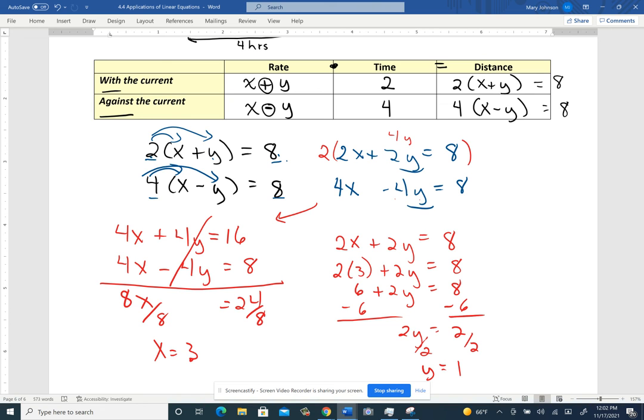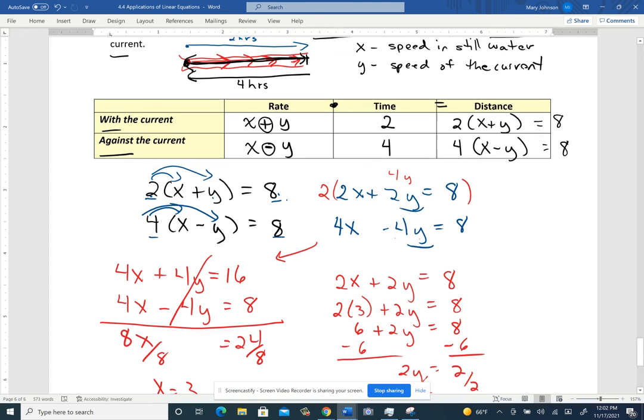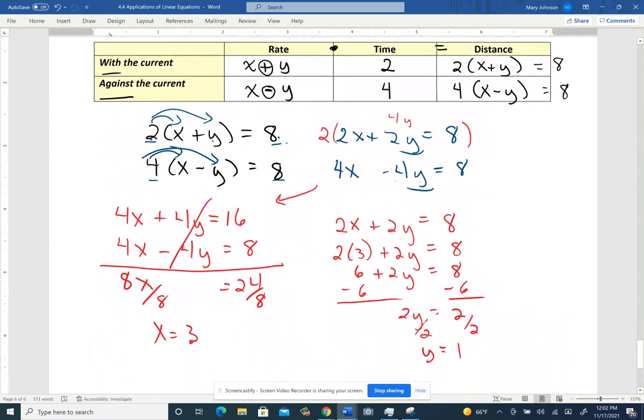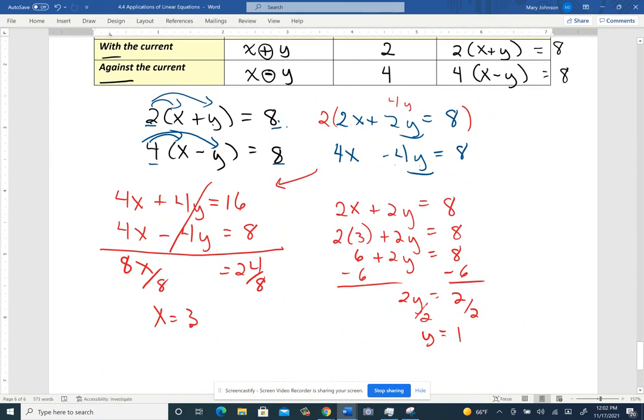Now, what were the x and the y? That's why it's important that you write down x is the speed in still water. So the speed in still water is 3 miles per hour.